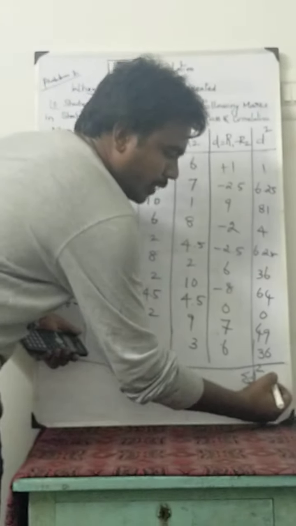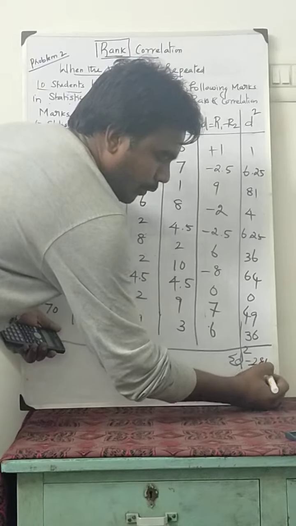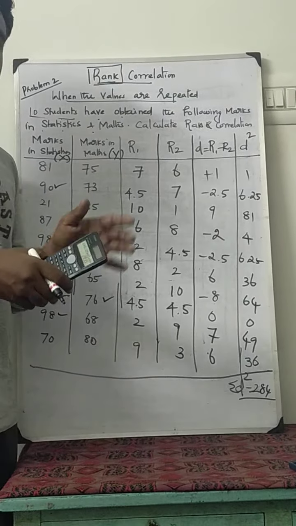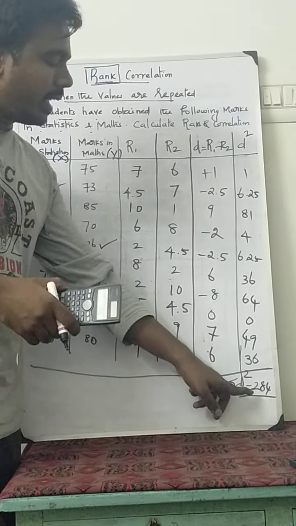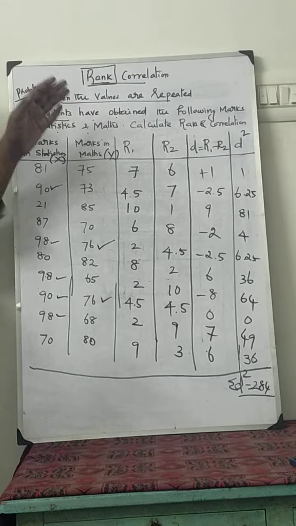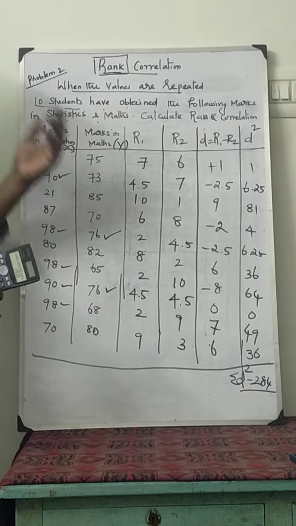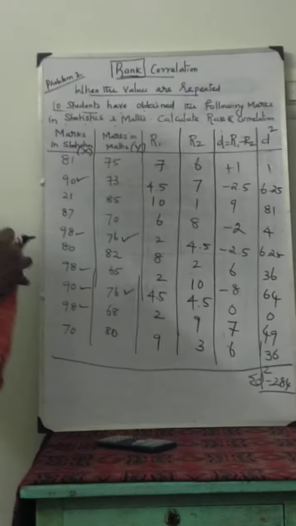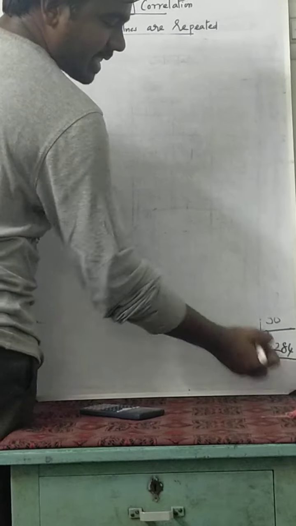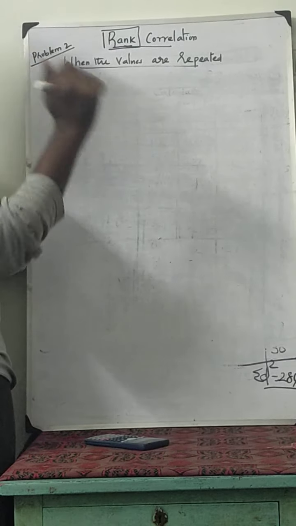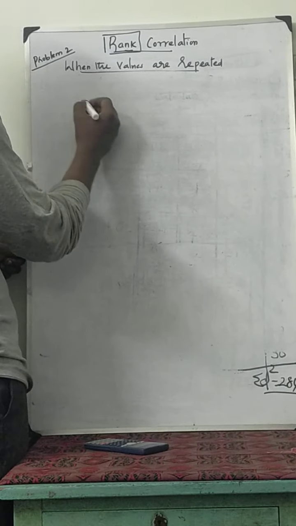Since it is 0.5, I rounded this value to 284. Once we have done this table properly, the next step is to apply the data in the formula. Getting sigma D square as 284, we have to apply the values in the rank correlation formula.